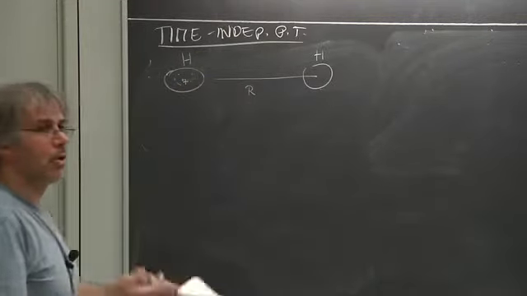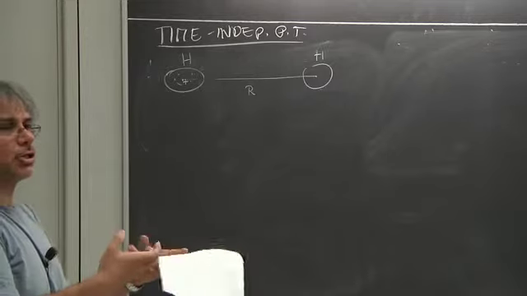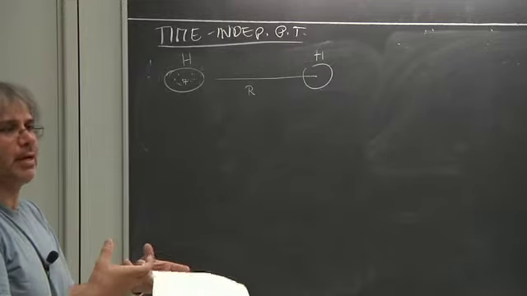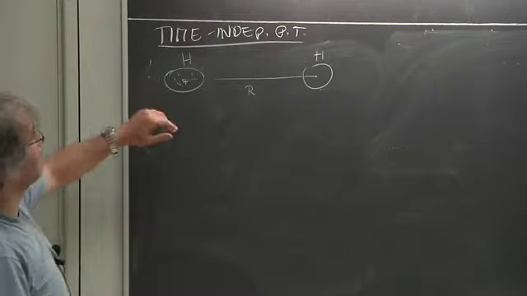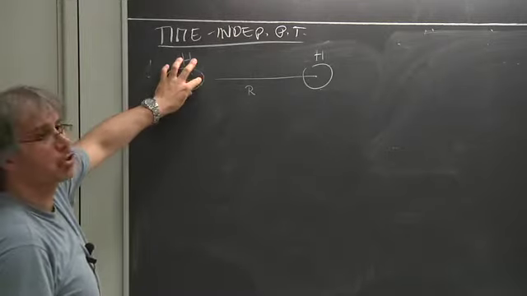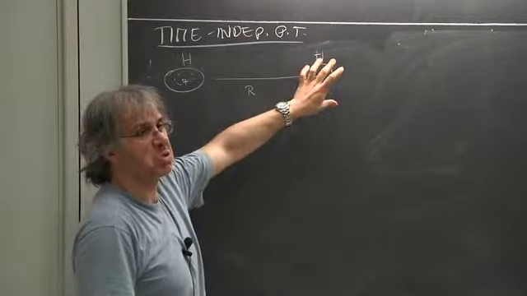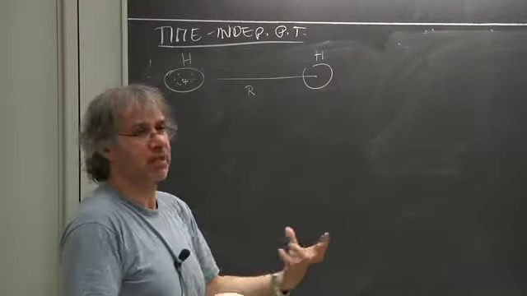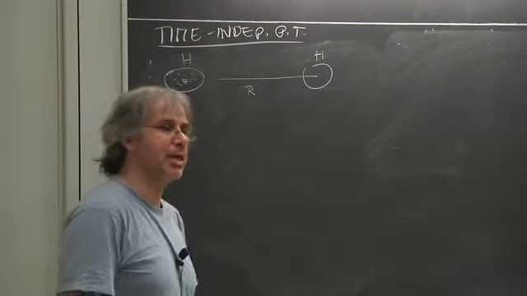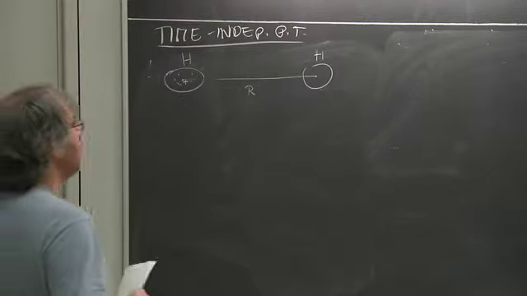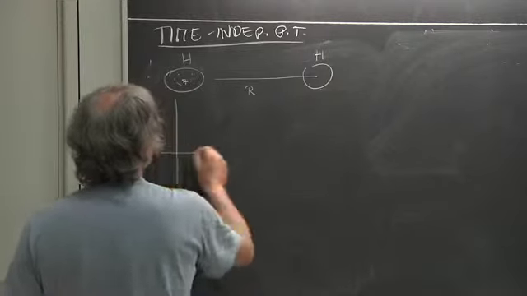And I ask you, what is the interaction energy that these two faraway atoms will feel? On naive arguments, you might say this is neutral, so therefore there is no charge, they will not feel any attraction. That's it, 0 potential. The answer is no. They indeed feel an attraction, okay?